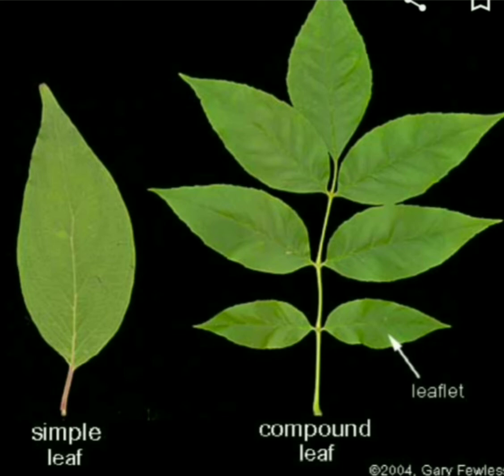You can see the second image, the compound leaf. You can see there are many leaf blades, and each leaf blade is called a leaflet, whereas a simple leaf has only one leaf blade.